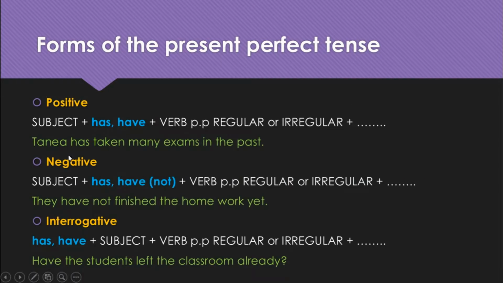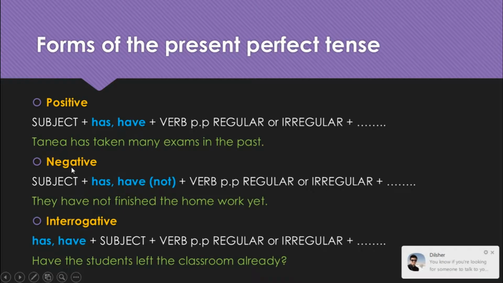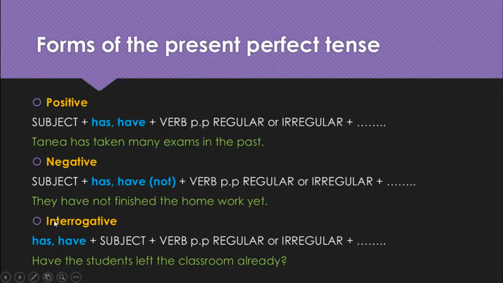So the forms it takes, we have the positive form as usual, the negative, and we also have the interrogative form, right? So let's start with the positive form. We have a subject. It's either she, he, it, they, you, we, right? And the rest.